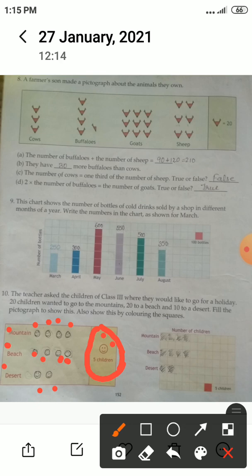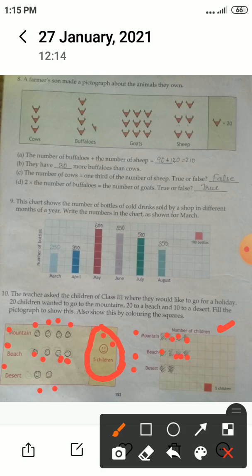Now here you have to color the squares. One square means 5 children, and on mountain 20 wanted to go. So you have to color 4 squares. On beach 20 children wanted to go. Here also you have to color 4 squares.